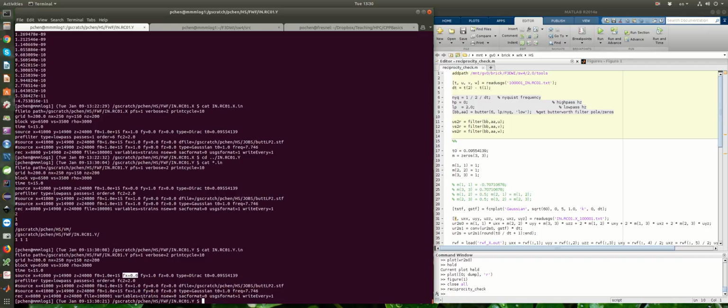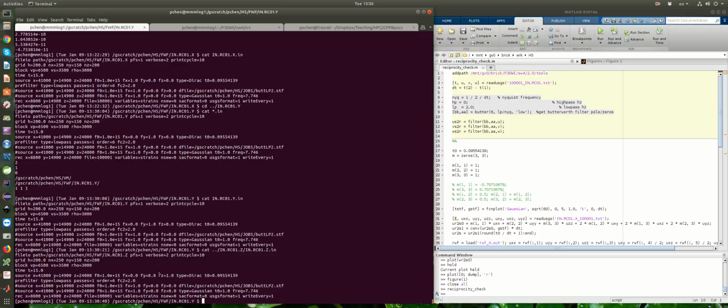Now fx equals 0 and fy equals 1. Fz is still equal to 0. And if you look into the z directory, fz equals 1, and fx and fy are both zeros.